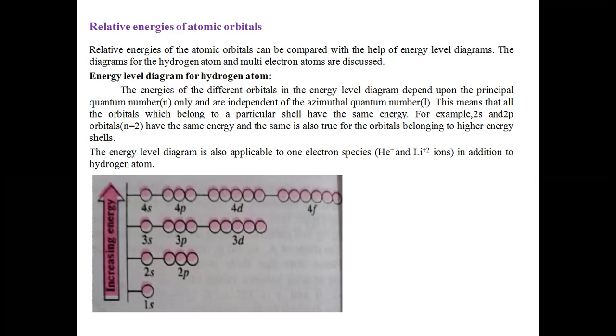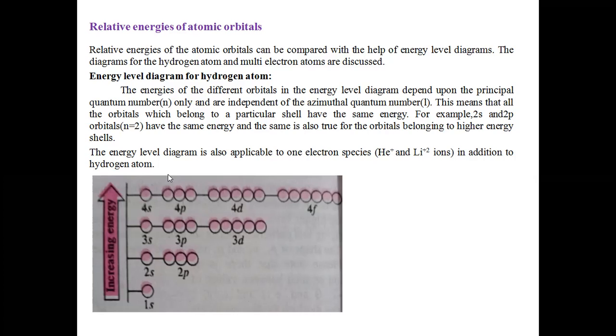That is, the energies of various orbitals depend upon only a single quantum number, the principal quantum number n. It does not depend on the azimuthal quantum number l.